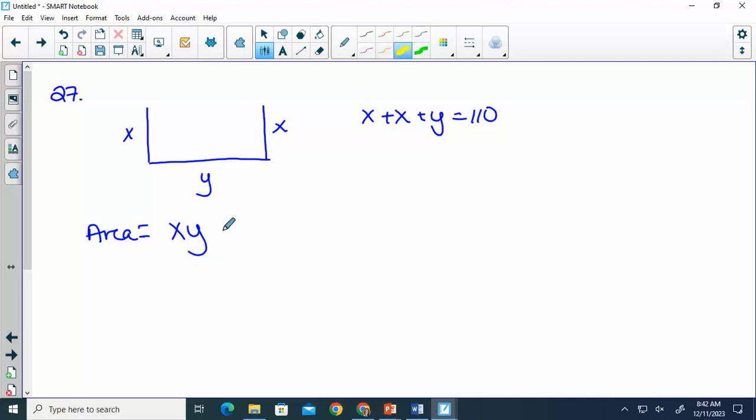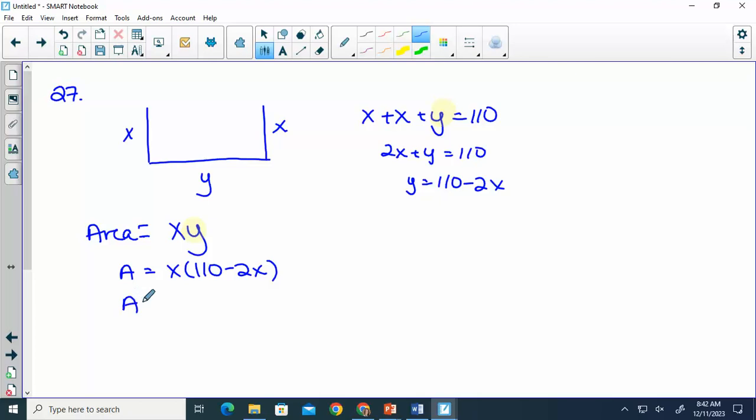So we have to get rid of this y. So we use our perimeter equation. If we solve for y, so my area is x times 110 minus 2x. Or if you distribute, that's 110x minus 2x squared.